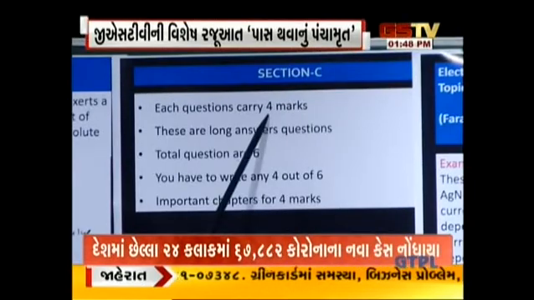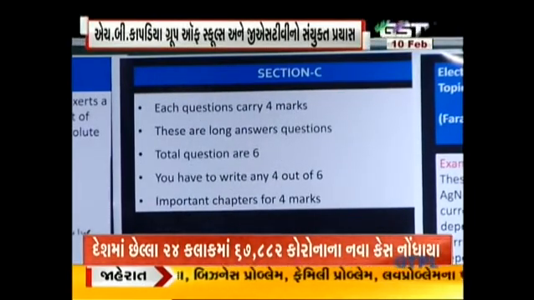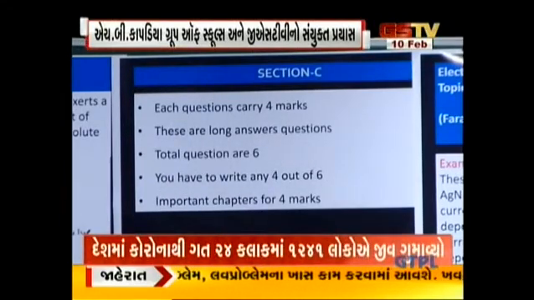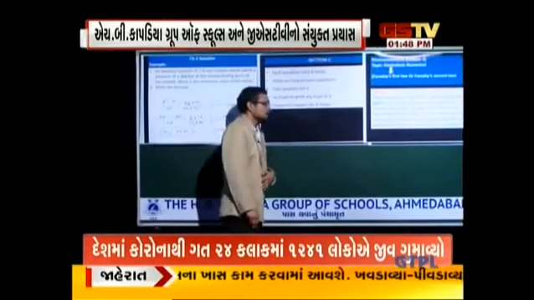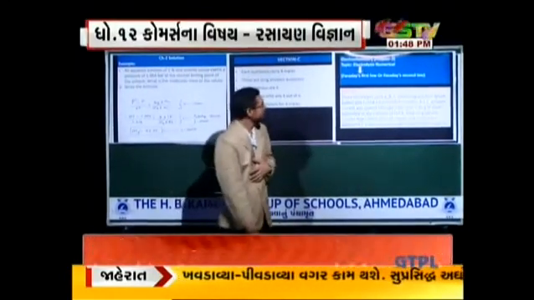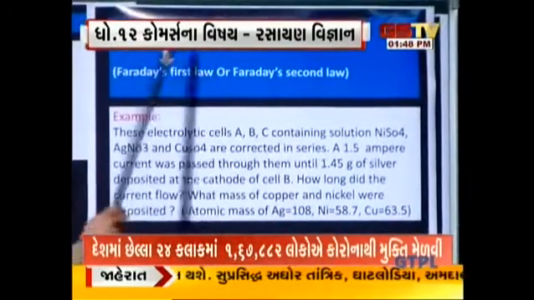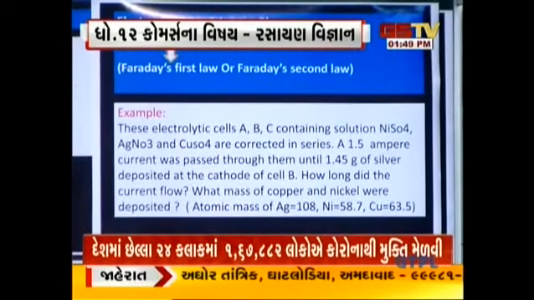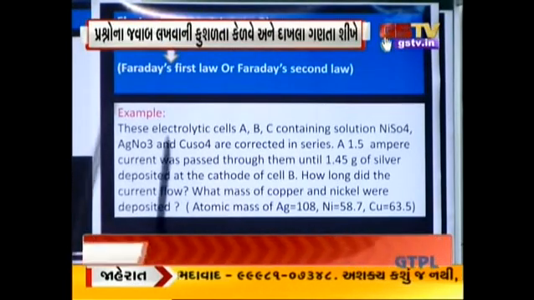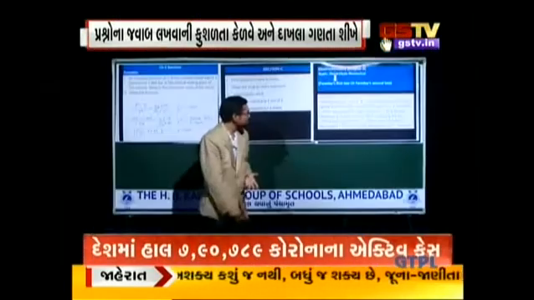Each question carries 4 marks, so 4 into 4, total 16 marks in section C. In section C there are 2 or 3 chapters that are very important, like electrochemistry, chapter number 3. In electrochemistry, the topic electrolysis: Faraday's first law, Faraday's second law, numericals are very important.